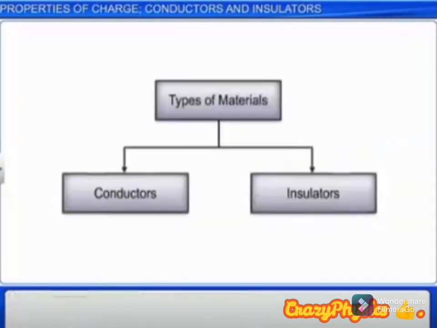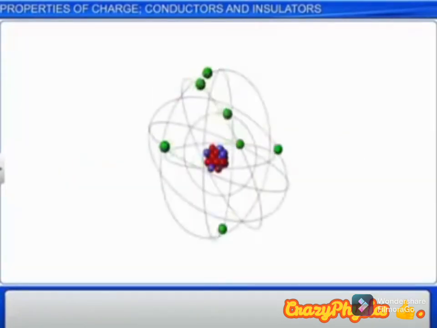Let us now learn about conductors and insulators. We know that atoms are the basic building blocks of all matter. In an atom, the protons and neutrons are the constituents of the nucleus, while the electrons revolve in orbits around the nucleus.